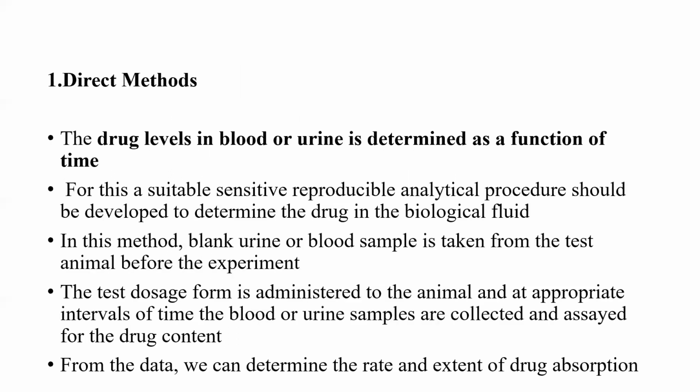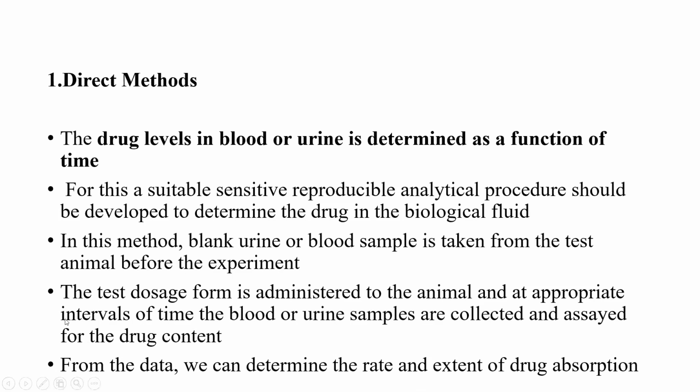In the direct method, the drug levels in the blood, that means the plasma drug concentration, is determined, or how much drug has been excreted unchanged through the urine. That can also give an idea about the extent of absorption, or the bioavailability, how much drug has reached the systemic circulation.